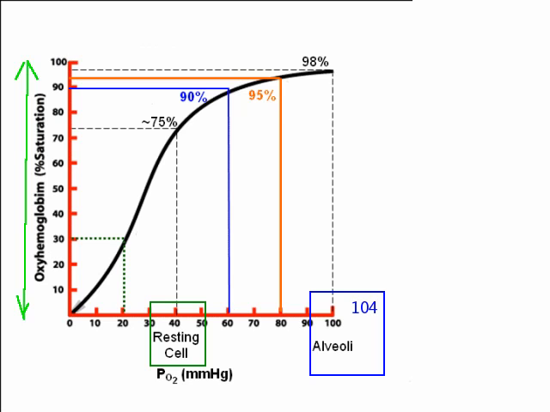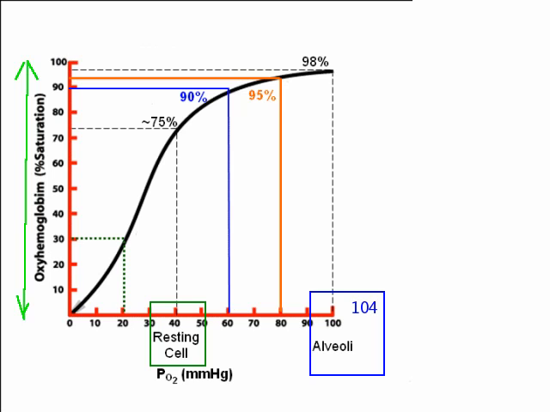The partial pressure of oxygen in a resting cell is 40 millimeters of mercury. The partial pressure of the alveoli is 104 millimeters of mercury. So don't get that confused. The resting cell is simply there as a reference point.